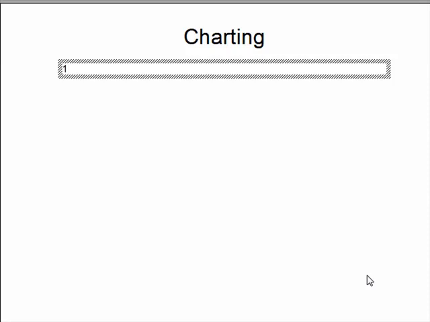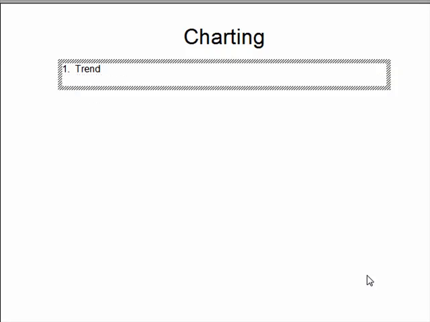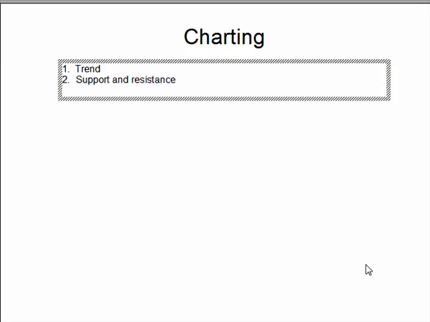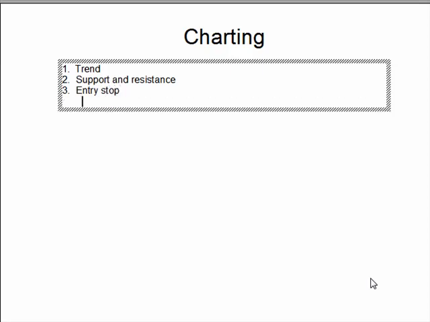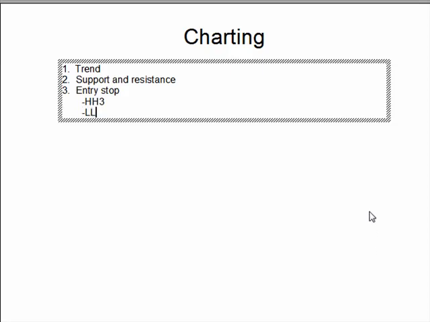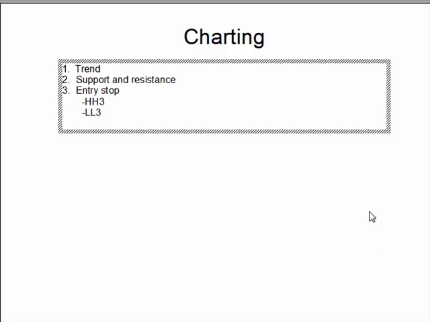First of all, we have to be able to know the trend. Second, we need to know support and resistance. Third, we need to be able to identify the entry, stop, which is going to be either the HH3 or LL3, depending on the trend as being up or down.